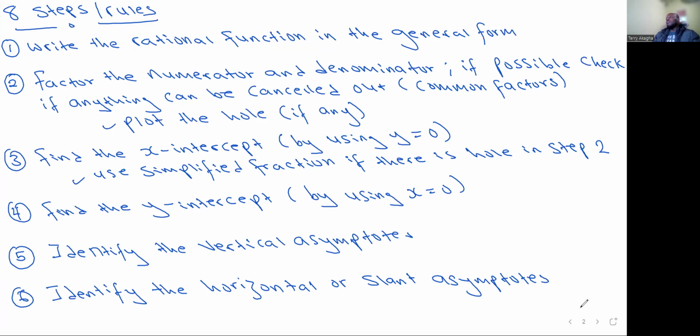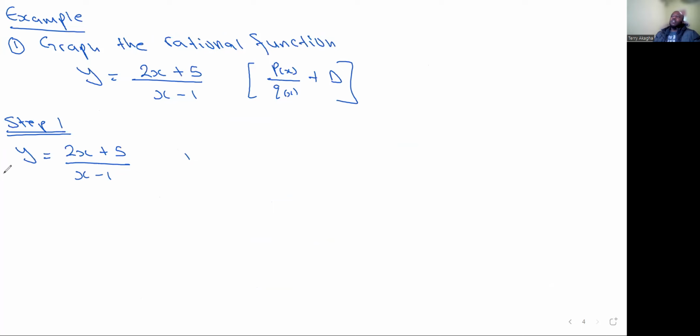So we're basically checking for holes using common factors. In this example, we can't factor anything, so there's no common factor, hence no holes. So this function has no holes. We're going to move on to the next step. All right, good.